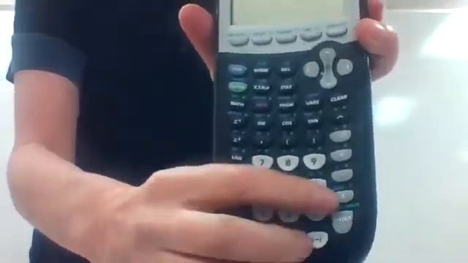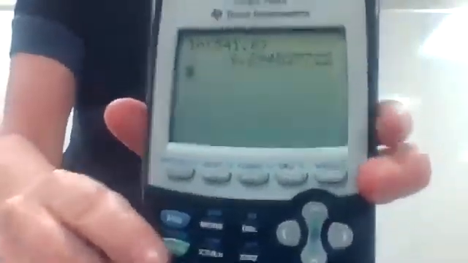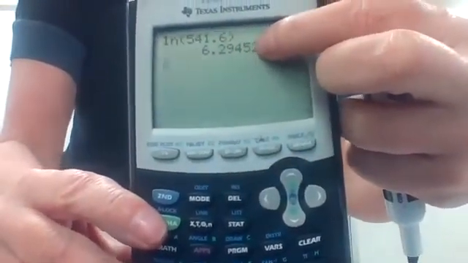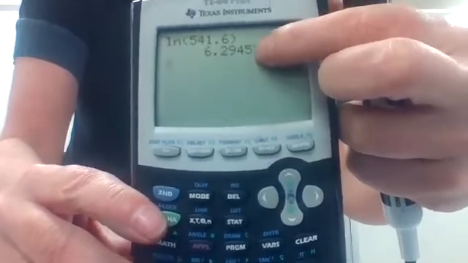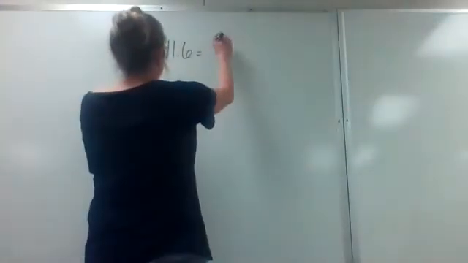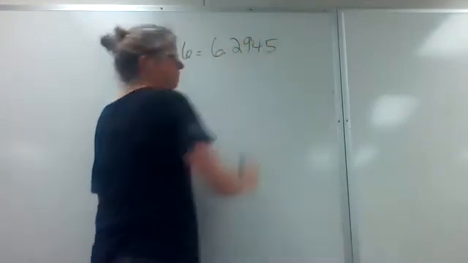So just hit the ln button, 541.6, close, enter, and round it to 4 decimal places. So 1, 2, 3, 4. After that 5 is a 2, which just means I don't need to round up. So I just have 6.2945.